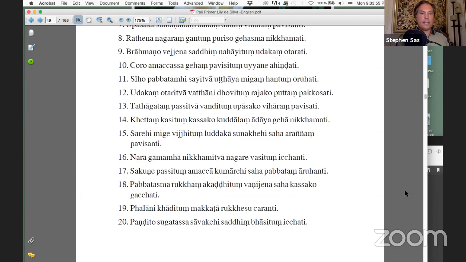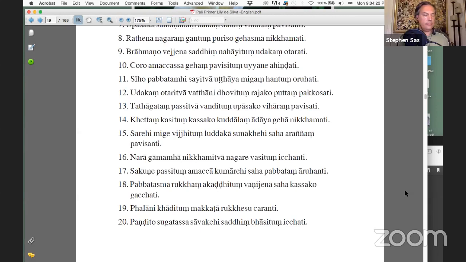Right. Why don't we back up actually to 16, although I did say 18, because I see there is an absolutive there. Why don't you do 16 for us, because that contains that. Would you mind? Gamam ha nikamitwa nagare wasitun ichanti.